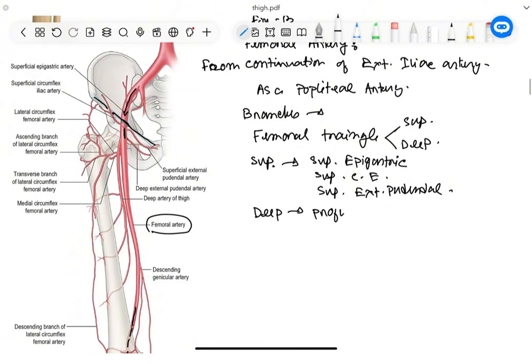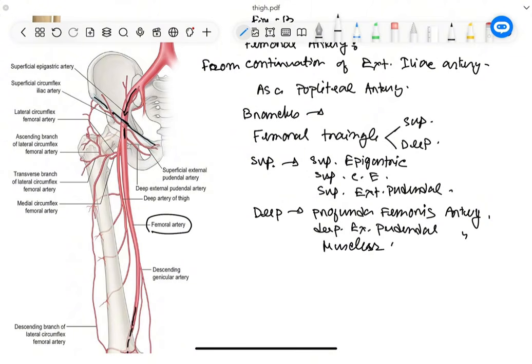Number one is profunda femoris artery, which is the largest branch. Then deep external pudendal artery, and lastly the branches for the muscles of the anterior compartment, so we can say muscular branches. These are the branches we get in the femoral triangle.